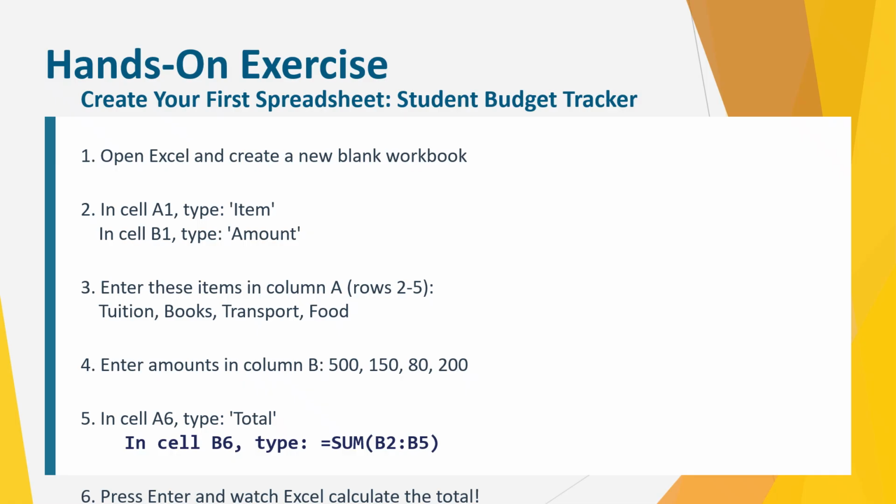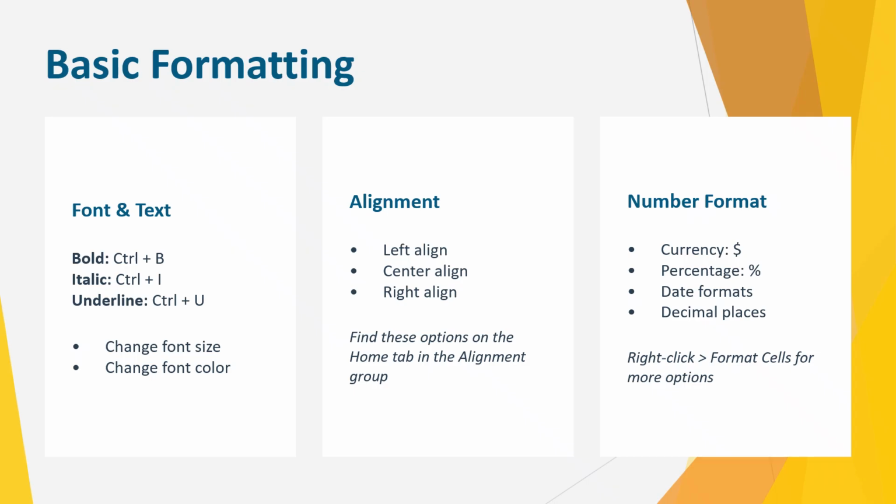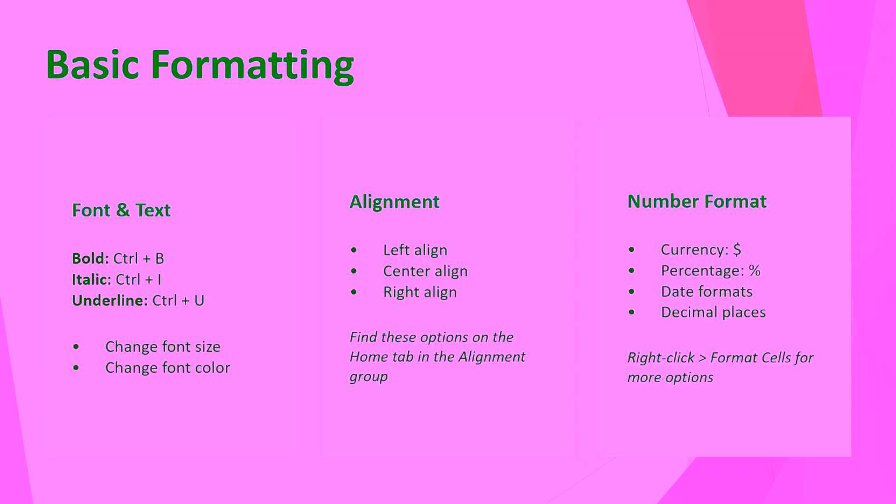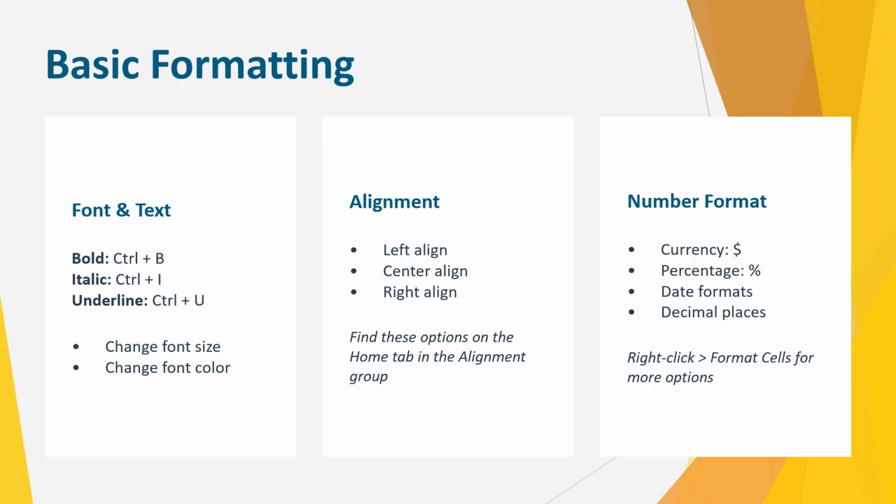Other processes: basic formatting, what are those things? Those formatting are very good. There are some values you need to highlight, for example, your total value or the item descriptions. You may decide to highlight them, with basic text formatting, alignment, and number formatting.